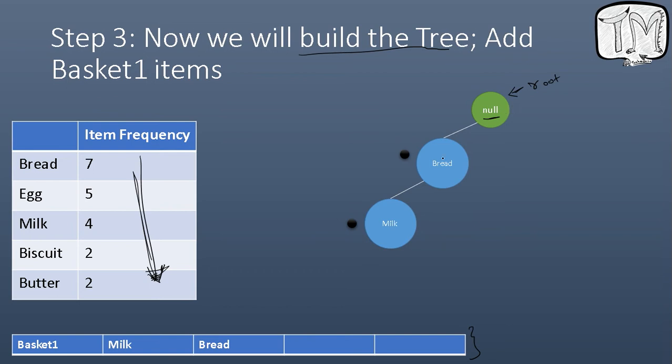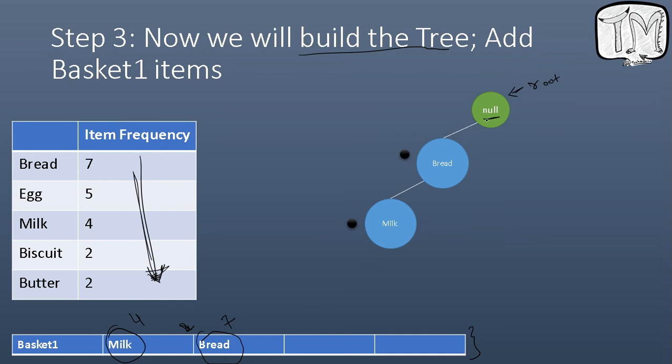Now how are we going to add the nodes? First, we will look at the items that were bought in that basket. We have bread, we have milk, two items in total. Now how will we put the items? Out of these two items, we look at which has the highest frequency. For bread its frequency is 7, and for milk the frequency is 4.